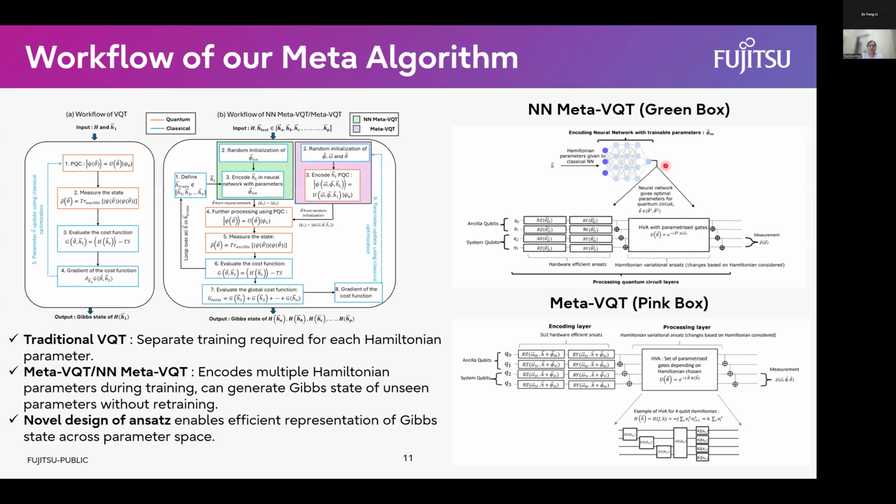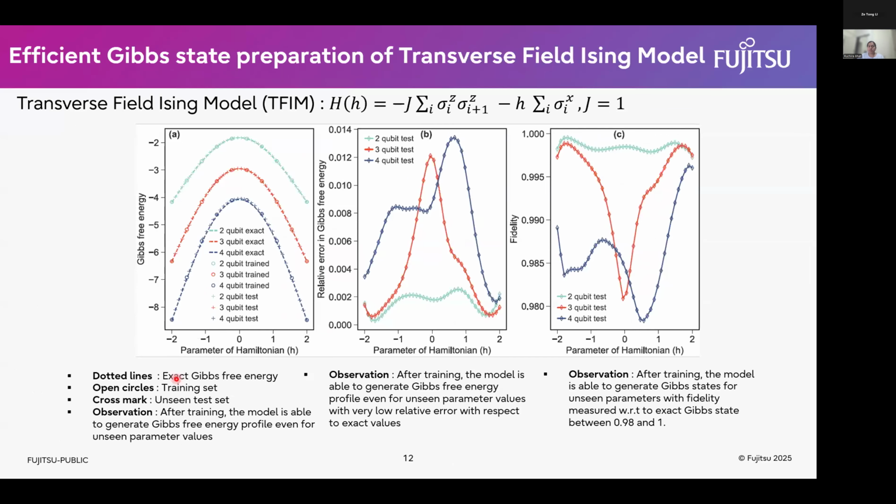With this, I will now go into a few results. We have first observed the efficiency in the Gibbs state preparation of the transverse field Ising model. If we look at figures B and C, we can see that as a function of the parameter of the Hamiltonian, where this parameter set has been chosen such that it is not present in the training set, the relative error in Gibbs free energy evaluation is comparatively very low.